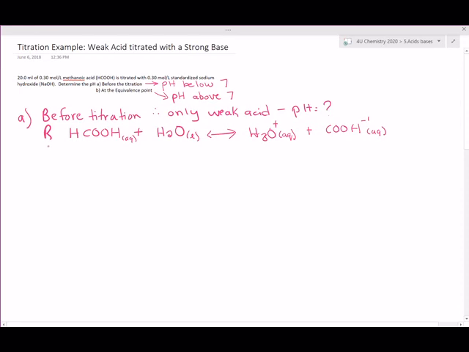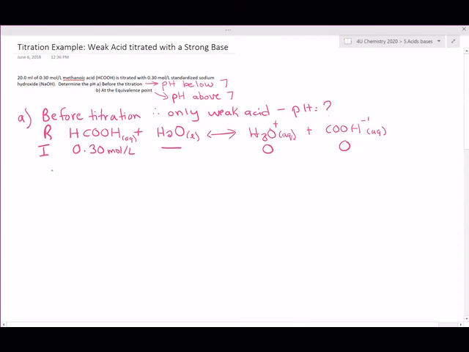So in our RICE table, we need to start off with our initial concentrations. The acid we were told is 0.3 moles per liter. The water we'll just ignore because it's a liquid, so it doesn't have a concentration. And then, of course, at first we have no ions.